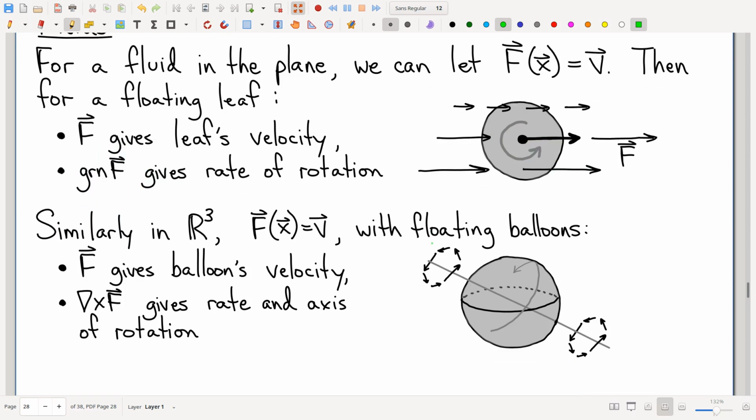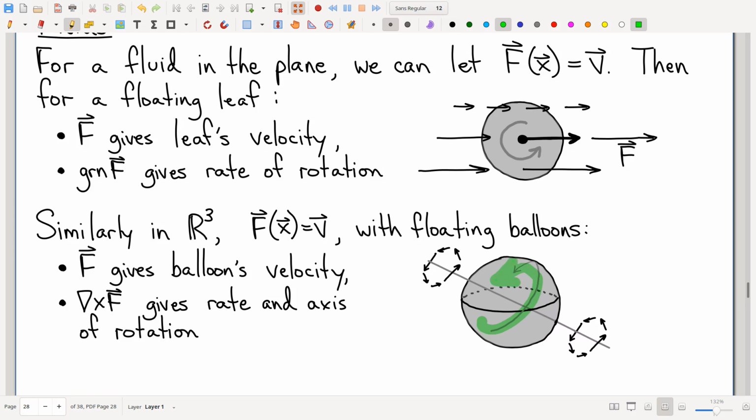Curl is just the three-dimensional version of that. So as we just discussed, if you have a floating balloon and you want to know what its velocity is, well, the vector field tells you the velocity of the air, and the balloon's going to do exactly what the air does. So whatever the velocity of the air is, that's the velocity of the balloon. Of course. The more subtle, sophisticated question: how is the balloon rotating?